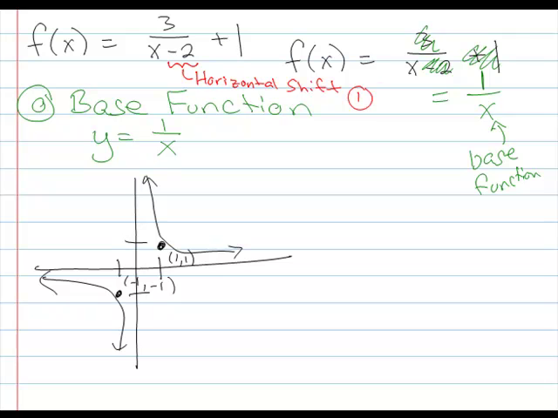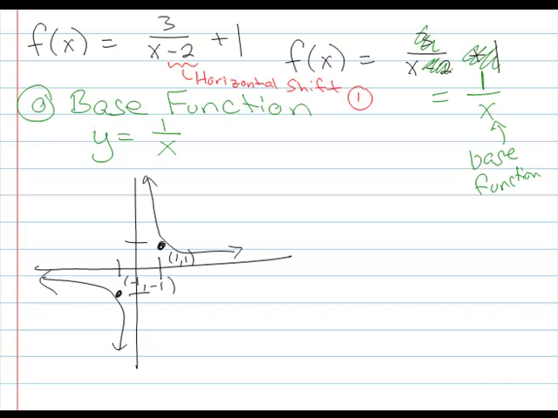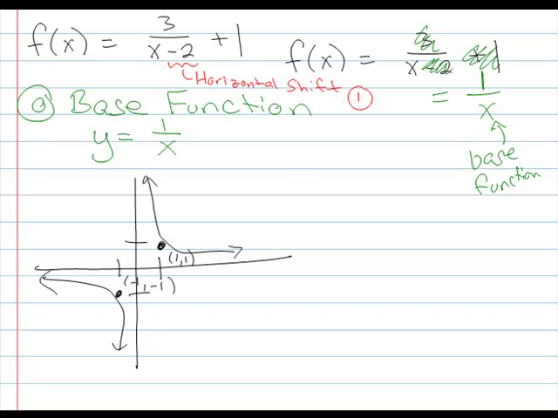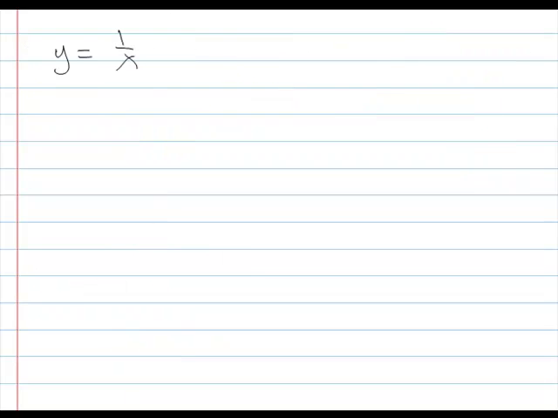Okay, so I'm going to get us a new picture here. Before, what we had was y equals 1 over x. That was step 0. And step 1 is going to be to apply this horizontal shift, which is to take y equals 1 over x minus 2.